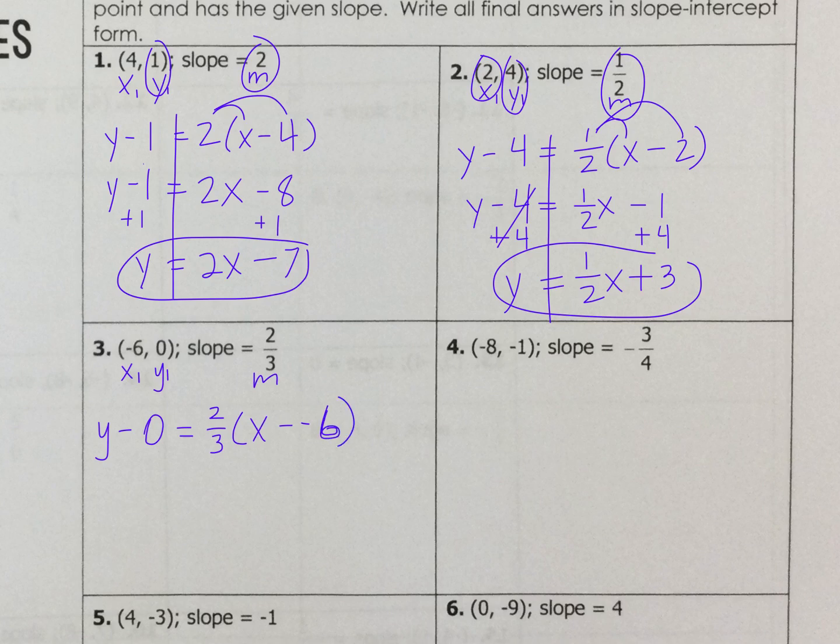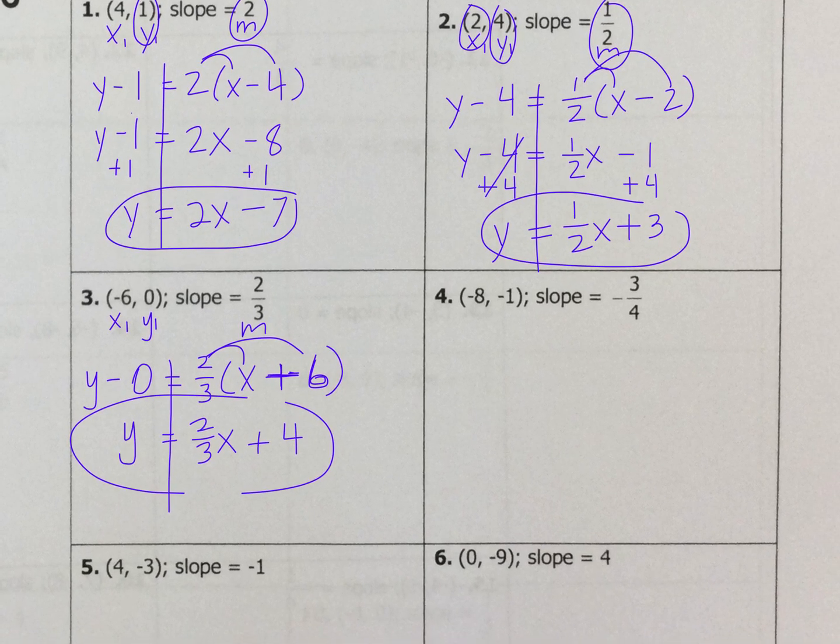Okay, when I have a minus negative, I know that together makes a positive, so I'm just going to make it into a plus. y minus 0 is just y. 2/3 times x is 2/3x. 2/3 times 6 is 4. All right, I need you to do number 5 on your own on this page.